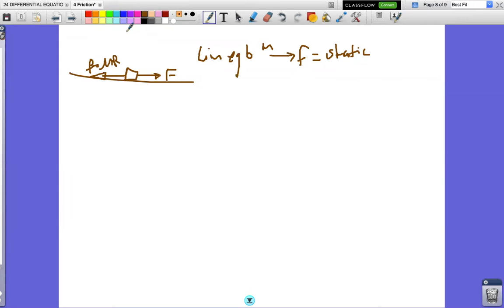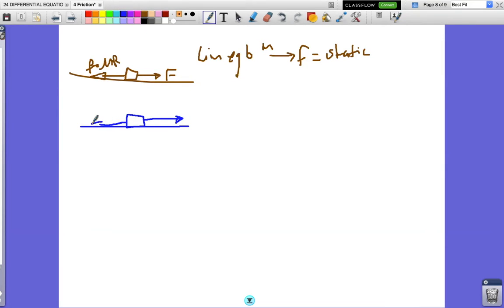Now, when the object starts to slide, if you increase F a little bit more, from what you saw last time, actually you increase it to some value a little higher than mu R. And then what will happen? The object will start to slide, right?